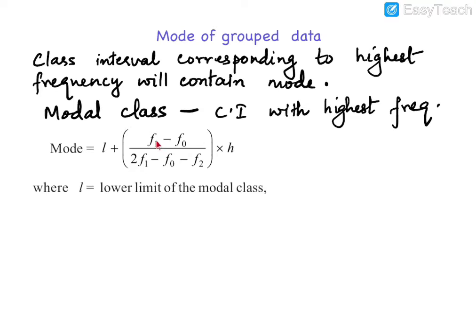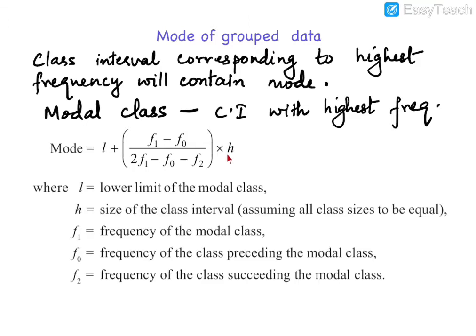f1 is the frequency of the modal class, f0 is the frequency of the class preceding the modal class, f2 is the frequency of the class succeeding the modal class, that is, after the modal class, and h is the class size of the class interval for data where all class sizes are equal.